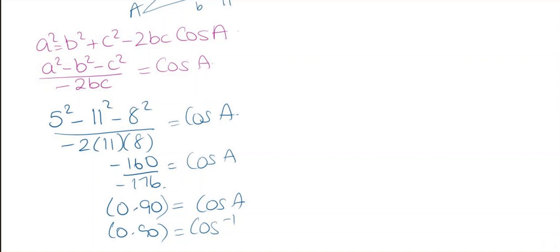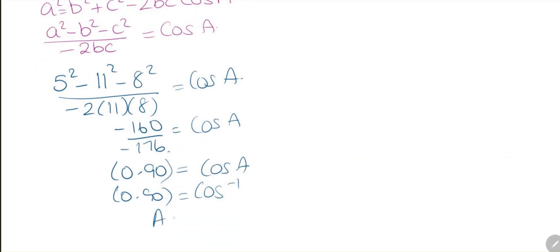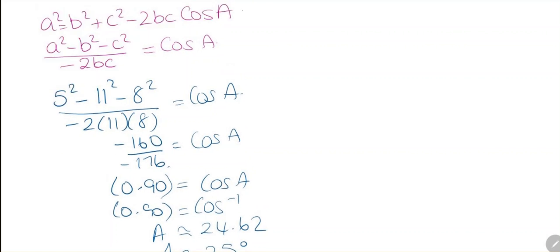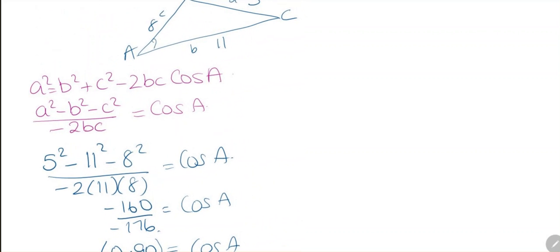So that's going to be shift cosine of 10 over 11, and we can say A is approximately 24.62 or 25 degrees. So we've got one angle, we know it is 25.